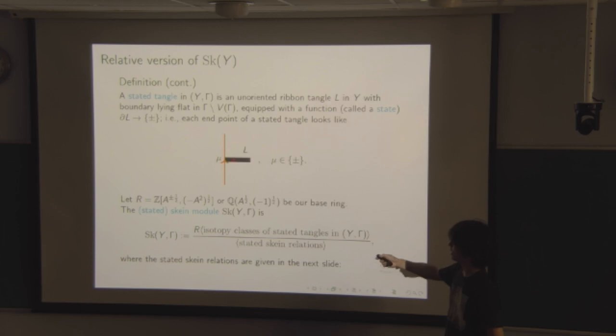And it has to lie flatly, meaning the framing must be tangential to the boundary marking. We're also putting in a function from the set of boundary points to the signs, which we call the state. So it's just an assignment of signs plus or minus 1 for each boundary point. And that's called a stated tangle.